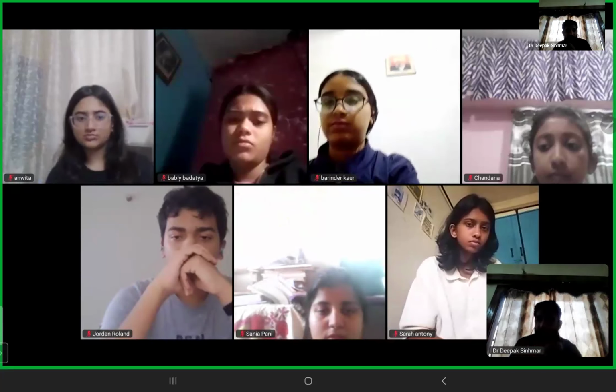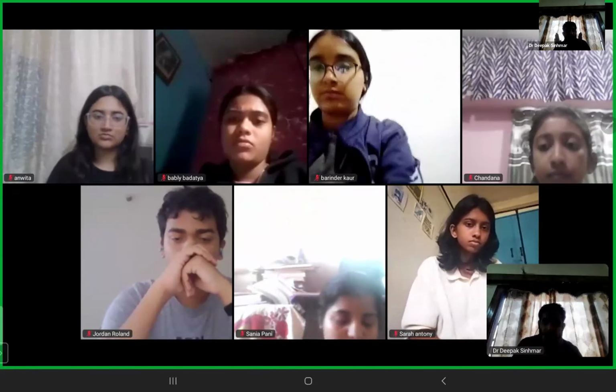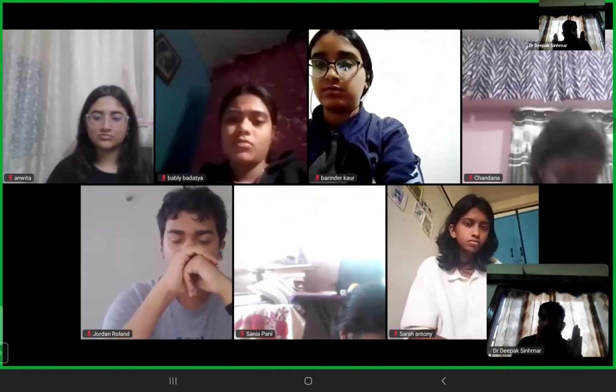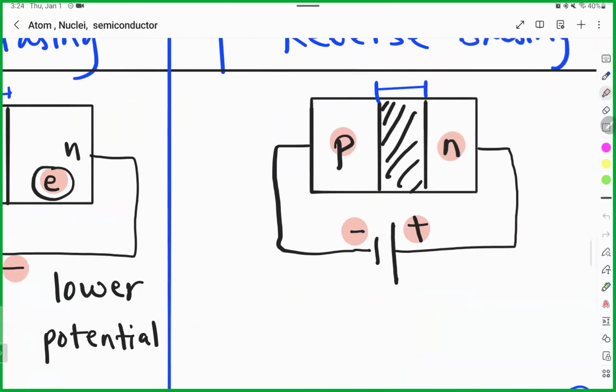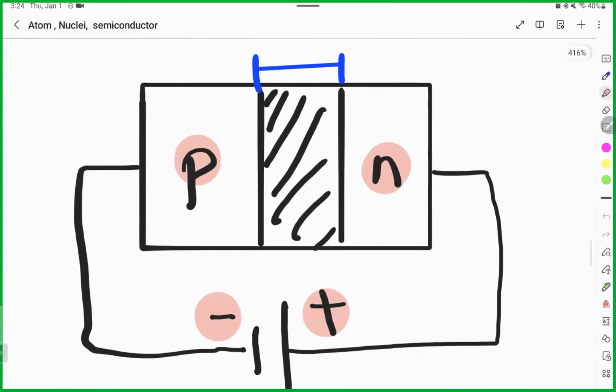Makes sense? Their width will increase because they are moving toward the opposite side. Look at this diagram. This P has negative charge. Now holes want to move toward the negative charge. Electrons want to move toward the positive charge. It means this thickness will increase.